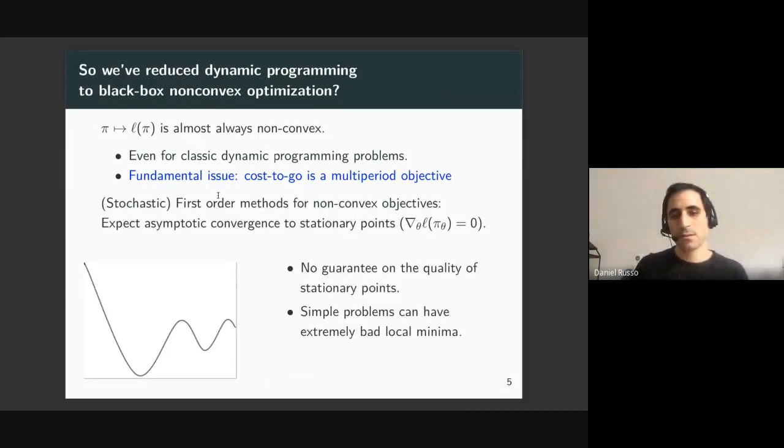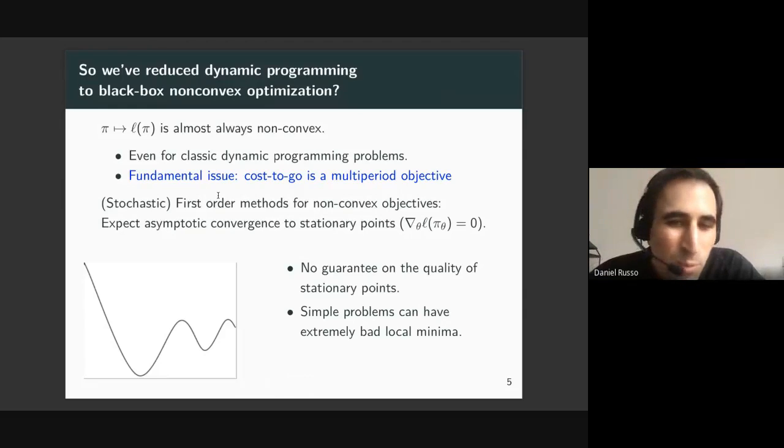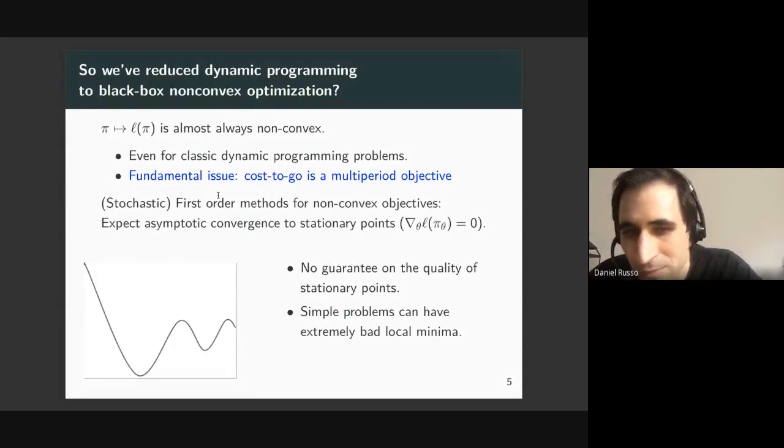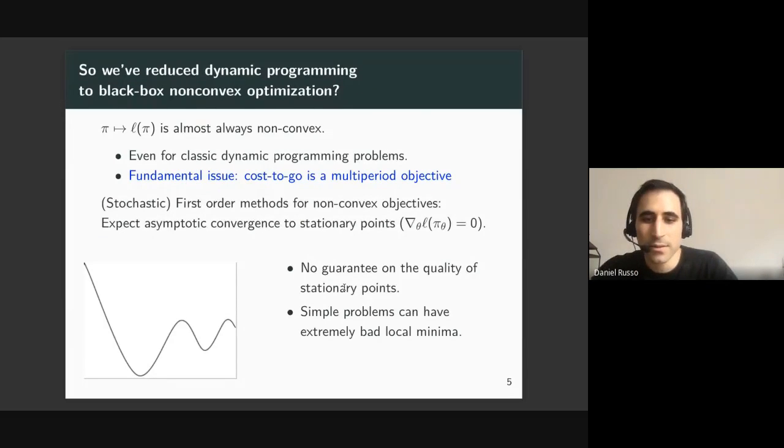But for problems that we otherwise could have solved through other algorithms, that's not totally satisfying because the literature provides almost no guarantees on the quality of the stationary points of L. And I'll show you in a moment an extremely simple problem that has very bad local minima. So this is a real issue and not just an issue of analysis.